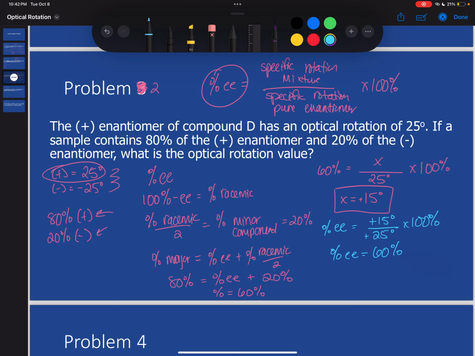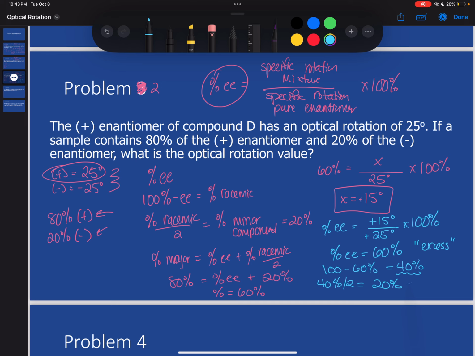We would normally take that 60% and say this is how much of the excess we have. So to find how much is being canceled out, I'm going to subtract that 60% from 100. I get the 40%. Now this would be the amount that is racemic. So to determine the amount of the canceled of each enantiomer, I would have to divide that by 2, and I get 20%.